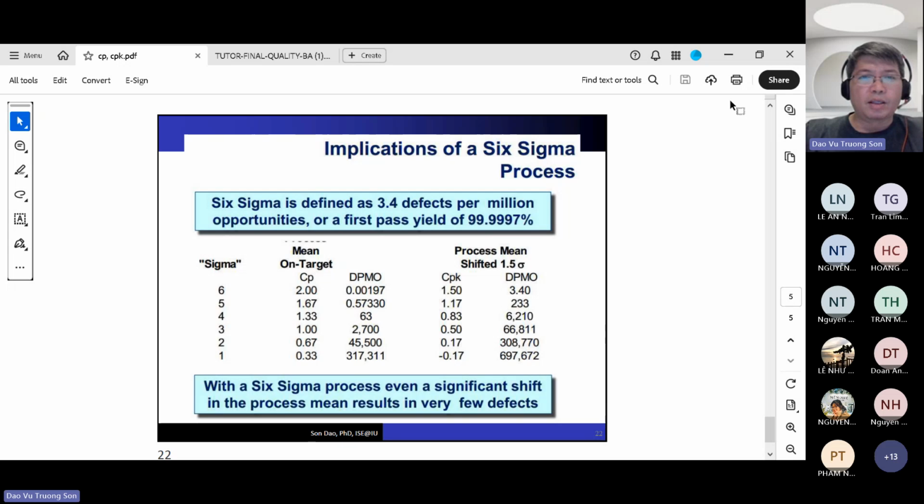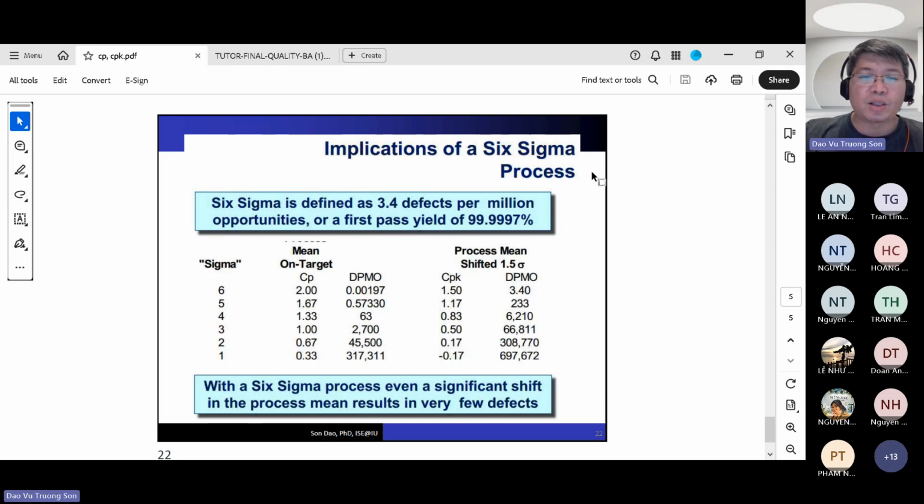Okay, so Six Sigma, what does it mean, a Six Sigma process? Six Sigma is defined as having 3.4 defects per 1 million opportunities, okay? So this means first pass yield is 99.9997%, all right?